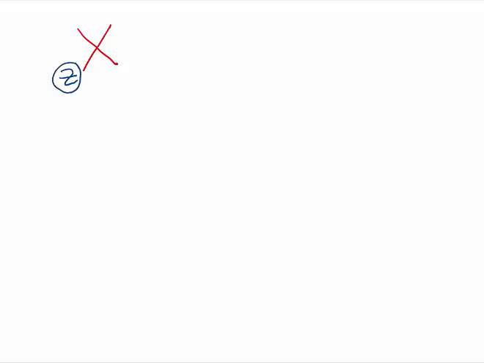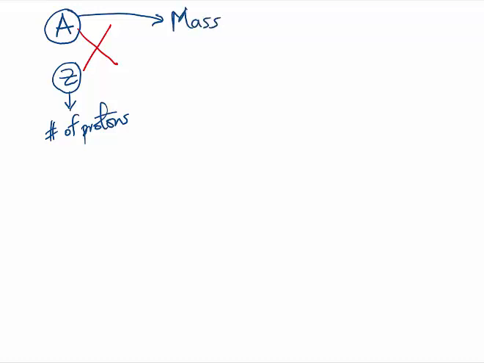That is the number of protons in the atom, or the atomic number. But we also write a number as a superscript up here. Let us use A to denote that number. This number tells us something about the mass of the atom. So let us call it the mass number.